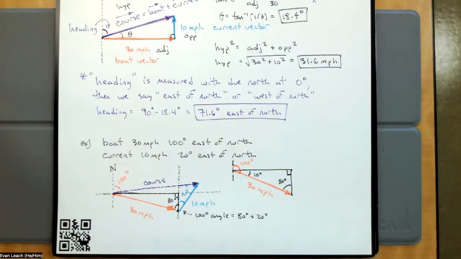Now I have two sides of the triangle and one of the angles in the triangle, and that means we can solve the triangle. We're going to have to use different tools than we did for our right triangle in the previous example.